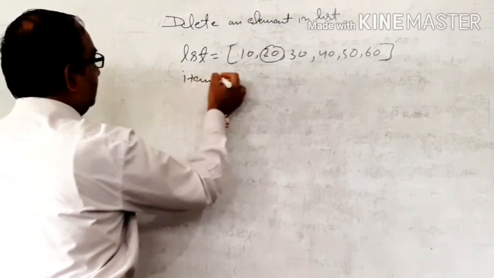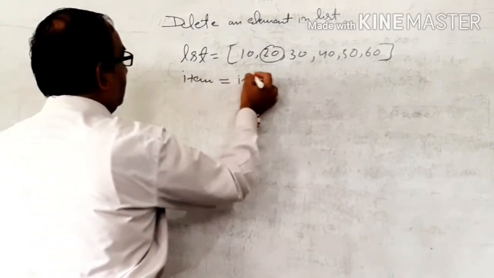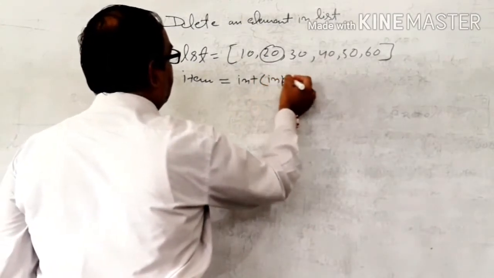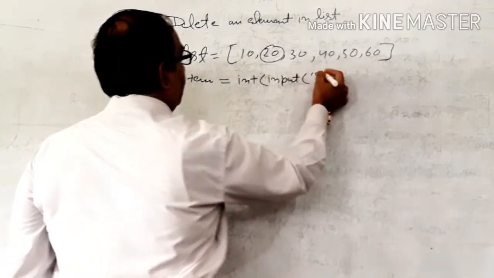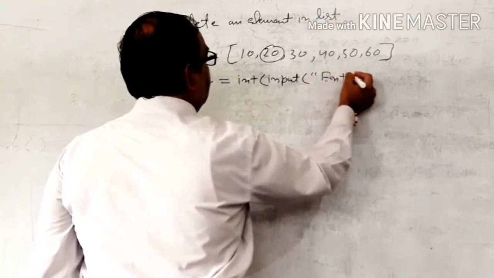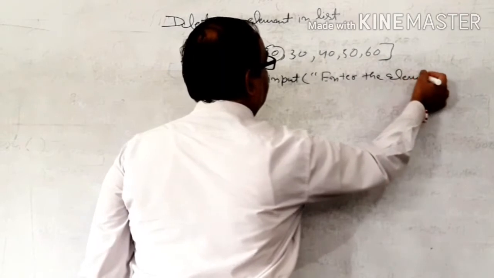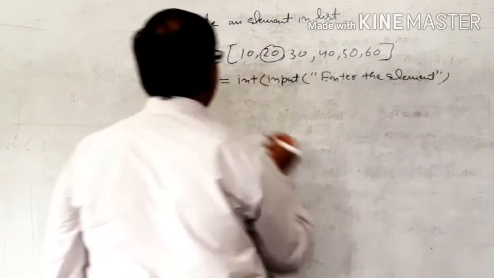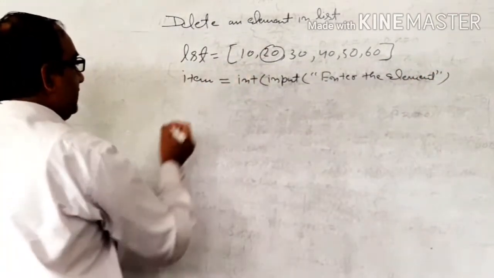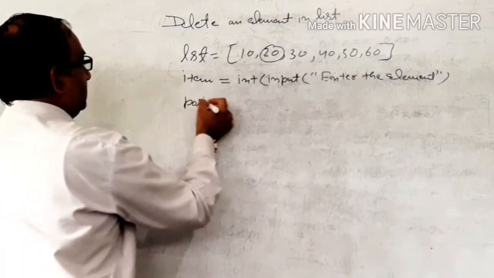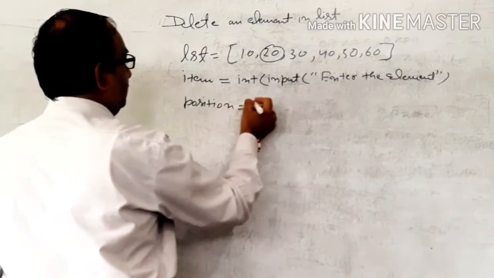This is the item: enter int input, enter the element. Okay, now enter the element. After that we can use here the position. Position is equal to vsearch.